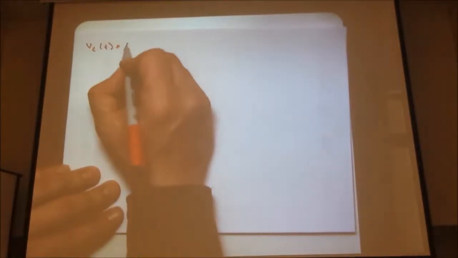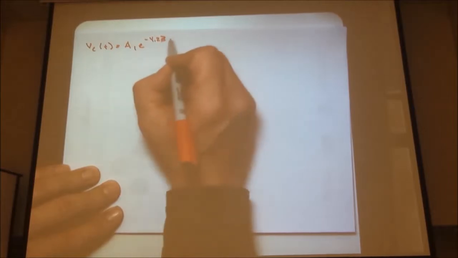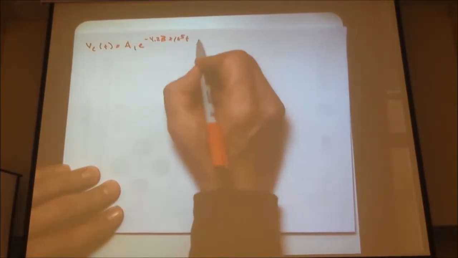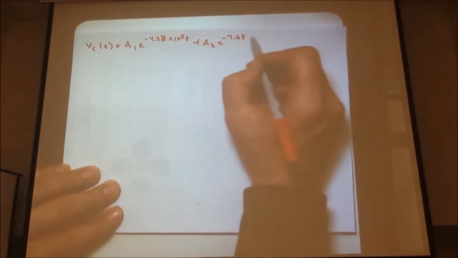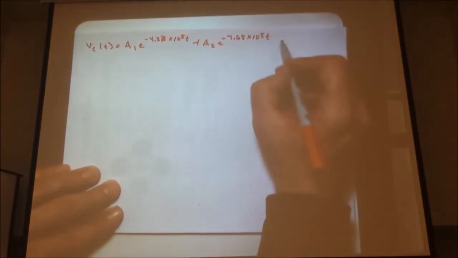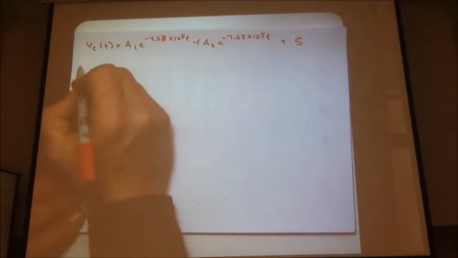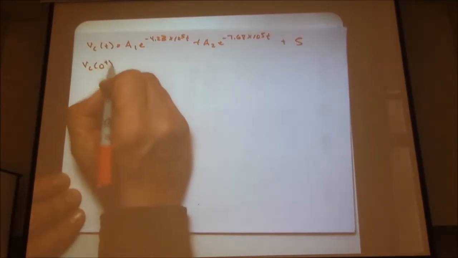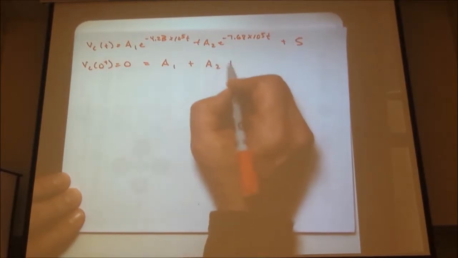So we now know VC of t equals A1 e to the minus 4.23 times 10 to the 5t plus A2 e to the minus 7.68 times 10 to the 5t plus 5. And we just went over and said we had 0 initial conditions, so VC 0 plus equals 0, equals A1 plus A2 plus 5.